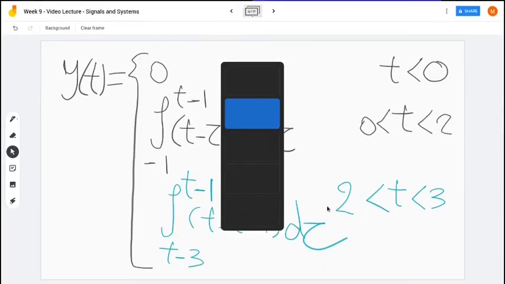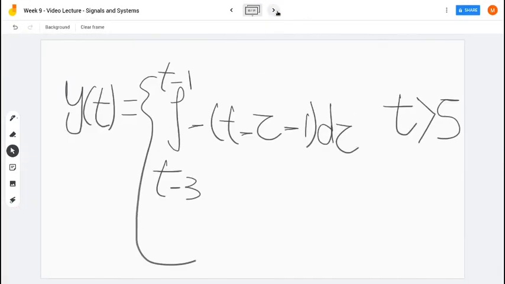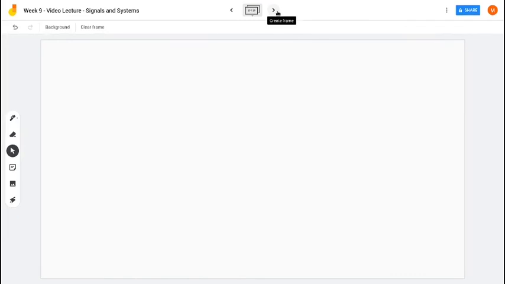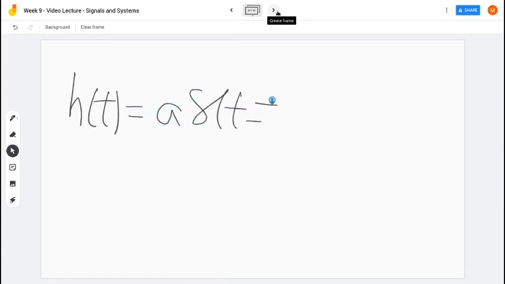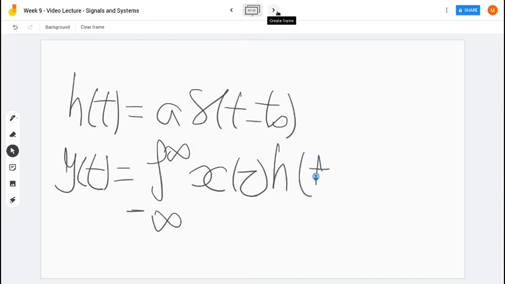So we'll do the convolution, which is the integration from minus infinity up to infinity, x of tau h of t minus tau d tau.